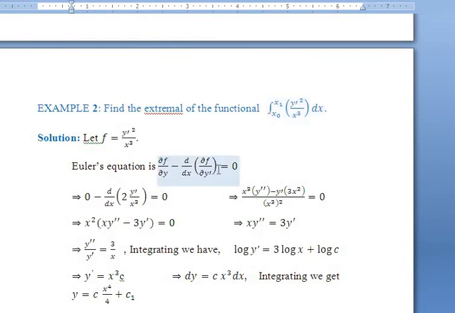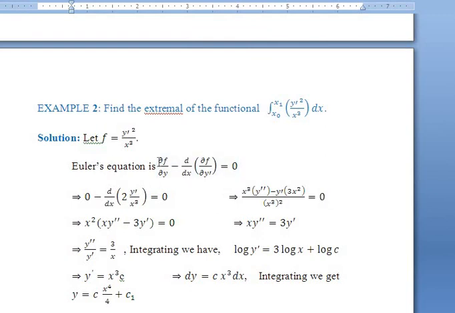We can directly apply Euler's equation. Here f is y dash square upon x cube. So for finding the extremal of any given functional, you can always try Euler's equation, whether f is independent of y, x, y dash, or simply x and y.